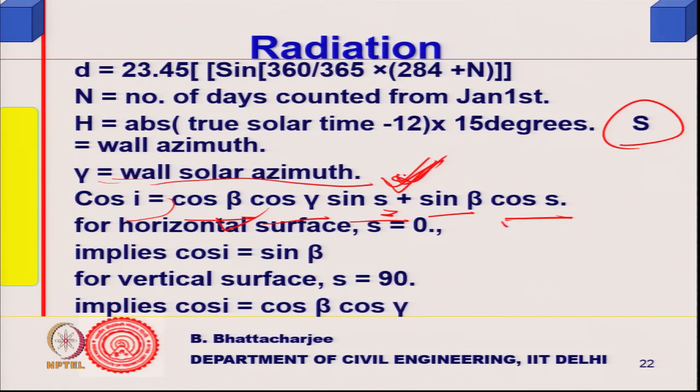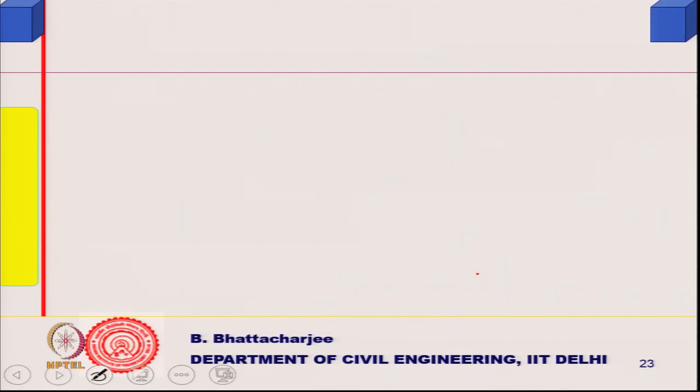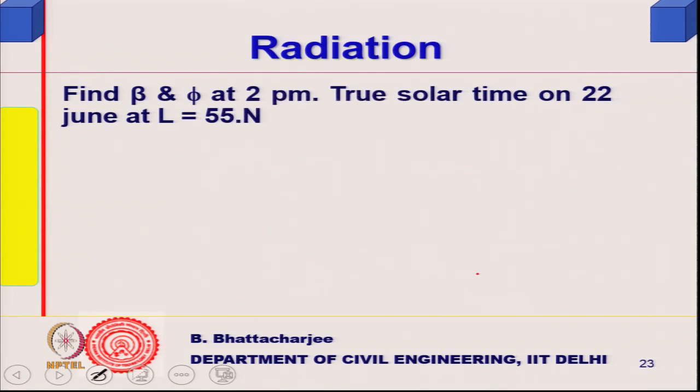When the tilt angle is 0, sin beta remains and this term goes away, so cos of incident angle is equal to sin beta. When S is equal to 90 degrees, this term vanishes and cos beta cos of wall solar azimuth remains. This should actually be gamma, most often I am using gamma, or y similar. So, we will deal with this a little bit more.